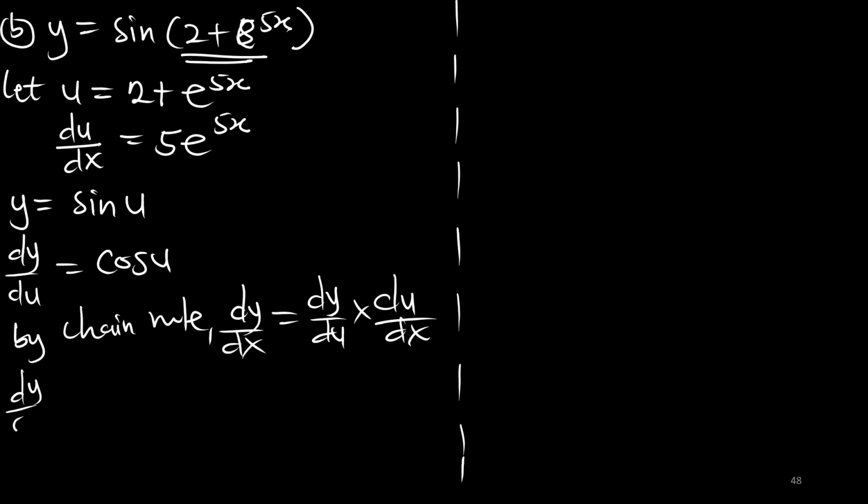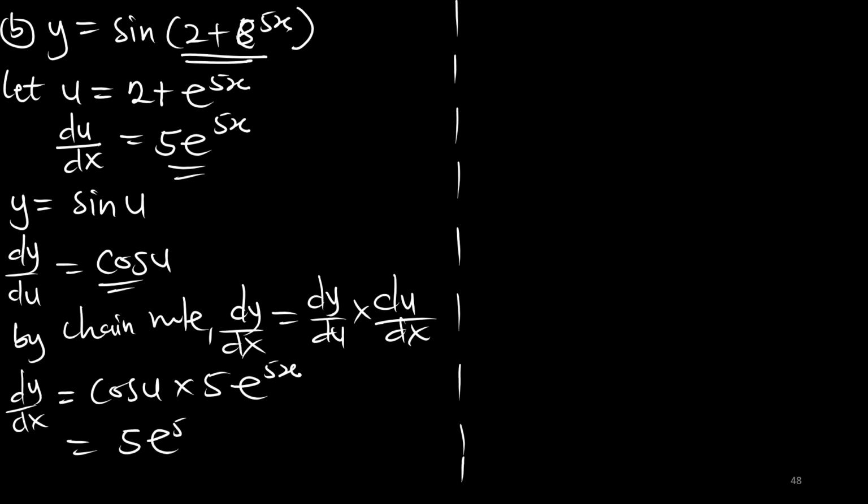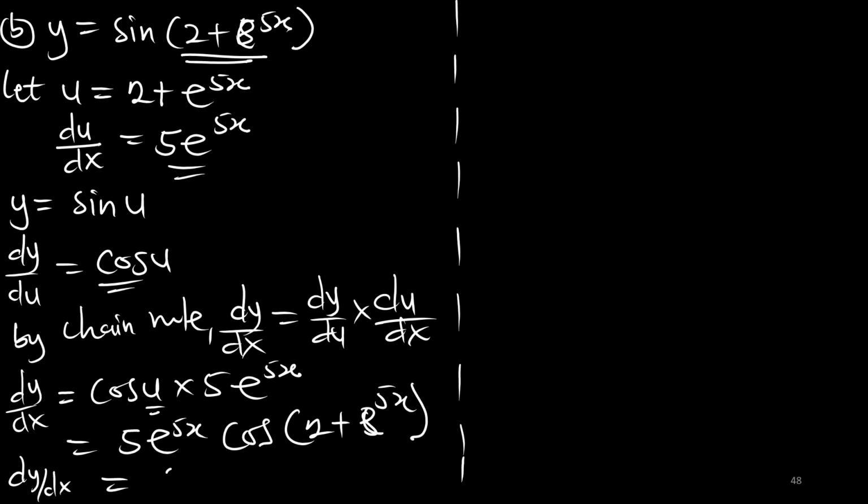So dy du is cos u, multiplying du dx, that is 5e to the 5x, and this can be 5e to the 5x cos, what is u now? u is still 2 plus e to the 5x this way. Are we okay? Therefore, the derivative of the above function is 5e to the 5x, we have cos in bracket 2 plus e to the 5x this way.